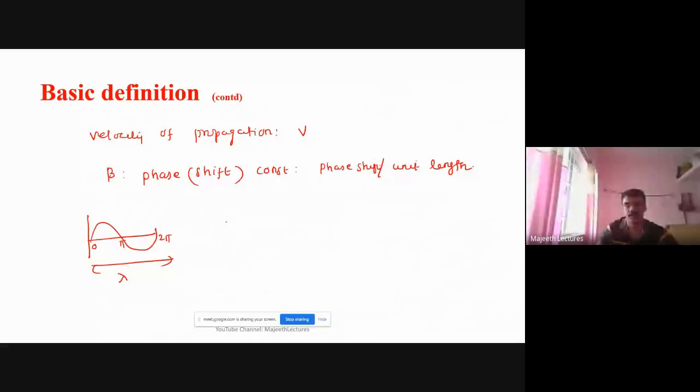What is beta from this? You can understand. See, for wavelength lambda, how much phase shift has it undergone? Here phase shift is 0, here phase shift is 2 pi. So for wavelength lambda, the phase shift is 2 pi. What is beta? Beta is phase shift per unit length. So for one unit length, what is the phase shift? That's 2 pi by lambda.